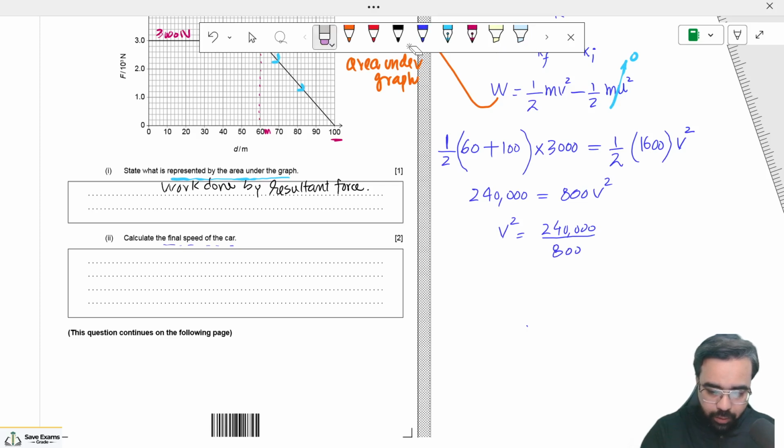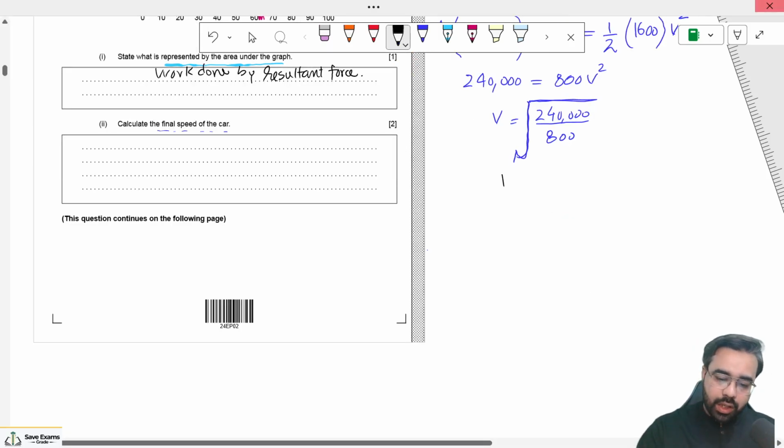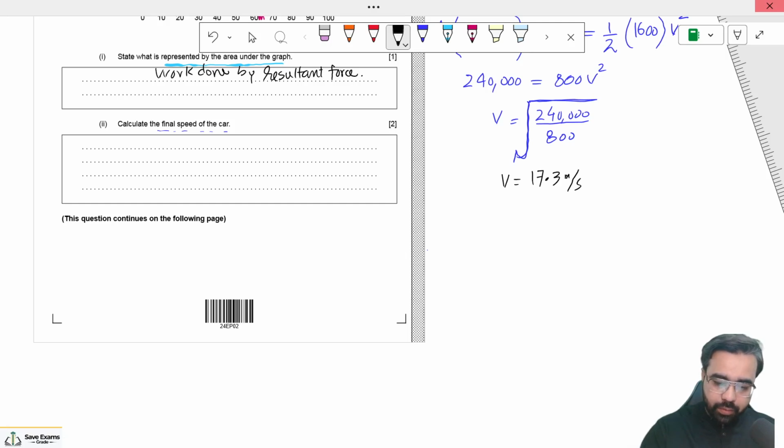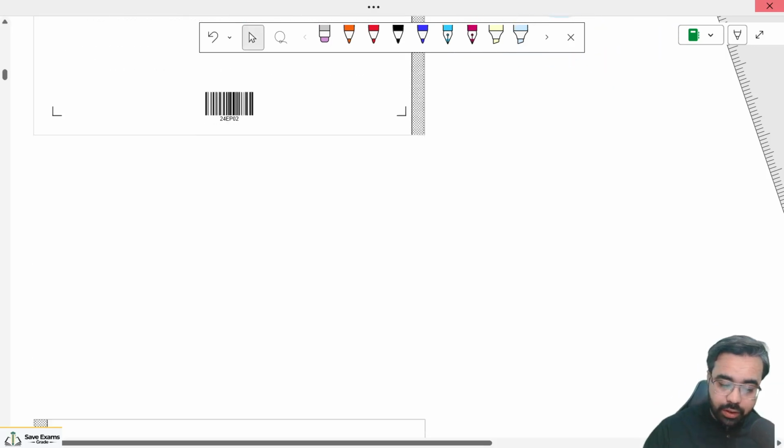And if you want to find the final speed at the end of 100 meters from the reference point, then this will be the speed. So the answer is 17.3 meters per second, which we will approximate. We can write it as 17 meters per second. Okay, so this is the final speed of the car according to this graph.